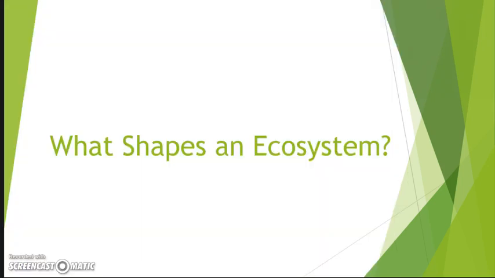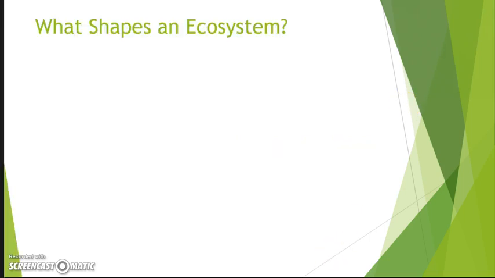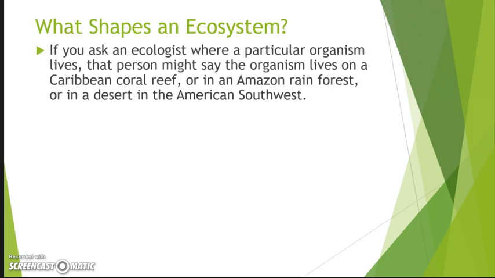Okay, so next we're going to get into what shapes an ecosystem. So, if you ask an ecologist where a particular organism lives, that person might say the organism lives in a Caribbean coral reef, or in an Amazon rainforest, or in a desert in the American Southwest.